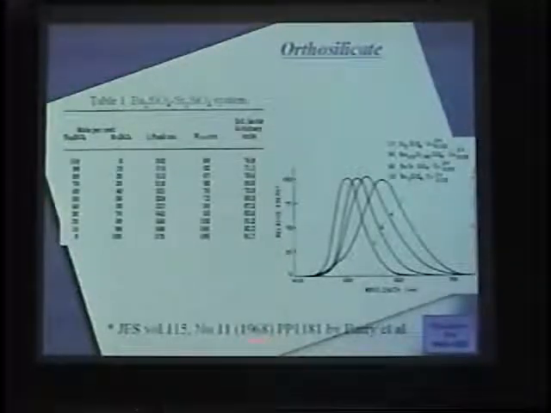The emission is near 560 nanometer, and it also absorbs near 400 to 450 nanometer, so it's a good candidate. Also, this scholar worked on these materials, and many data are available for this material system.